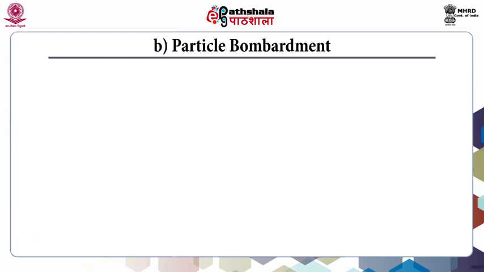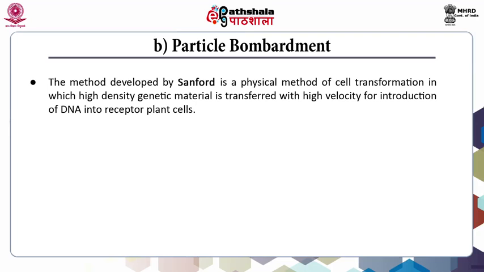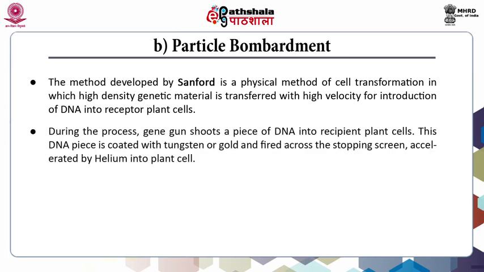Coming to the next physical transfer method, that is particle bombardment. This method was developed by Sanford et al. In this method, high density genetic material is transferred with high velocity so that DNA can be introduced into the receptor plant cell. What happens during the process?